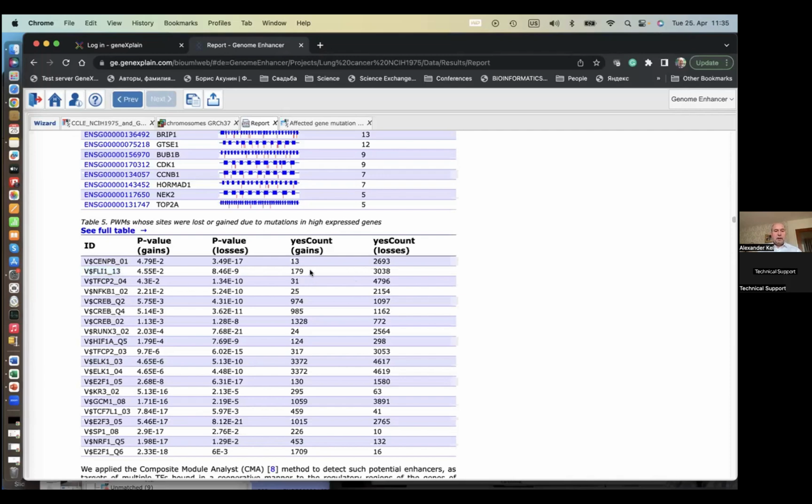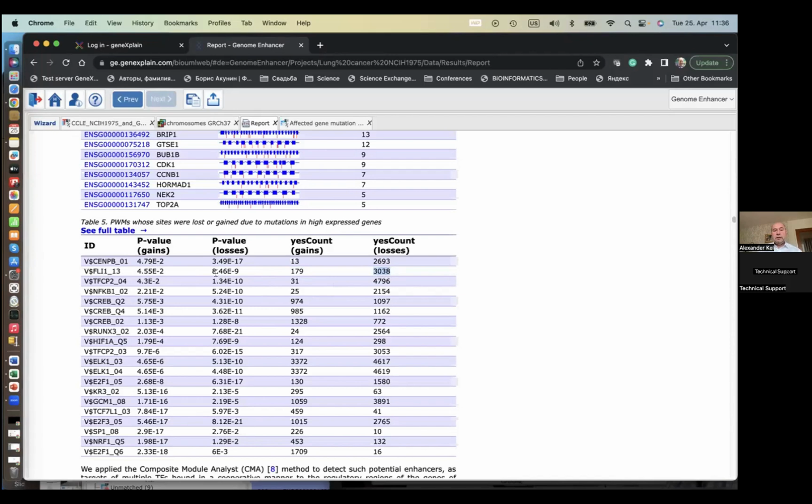And then here you see how many cases among those sites, which were predicted in the regulatory regions of those genes, we observed the loss of that site or gain of that site due to mutation. For instance, for Fli, we observed only 179 cases when the mutation was actually creating a binding site for Fli, but 3,000-something mutations when these binding sites were destroyed.